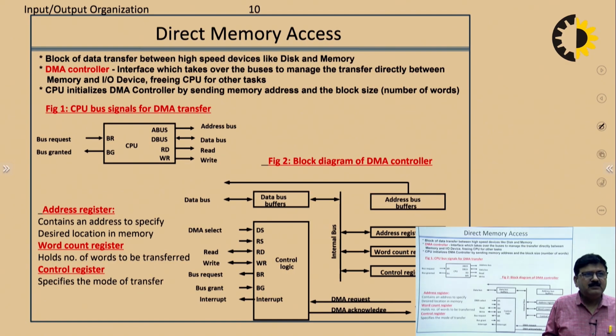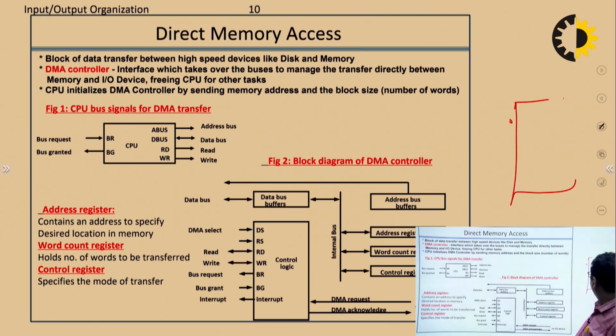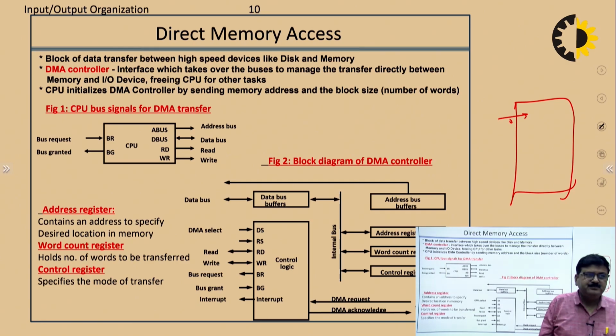So now we can understand how it actually works. I told you that when control is transferred to the DMA, the address register contains the address that specifies the desired location, the starting position.